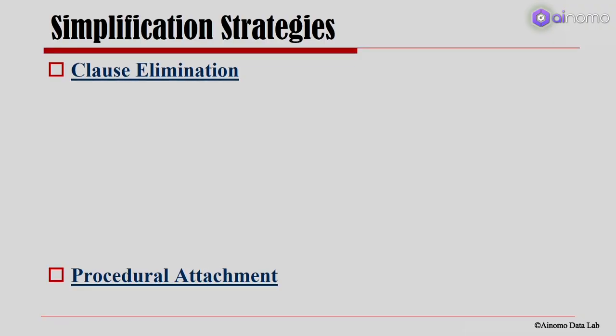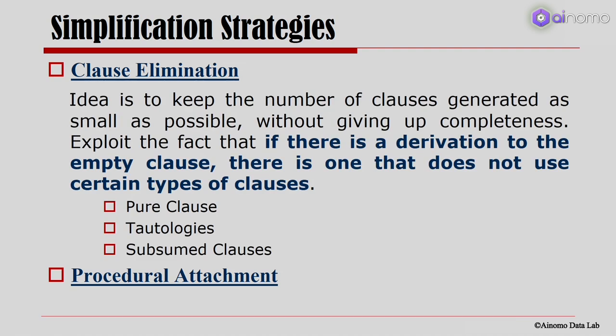Now, let us look at a couple of simplification strategies. We will discuss two simplification strategies, one the clause elimination and the other procedural attachment. In the clause elimination strategy, the idea is to keep the number of clauses generated as small as possible without giving up completeness.